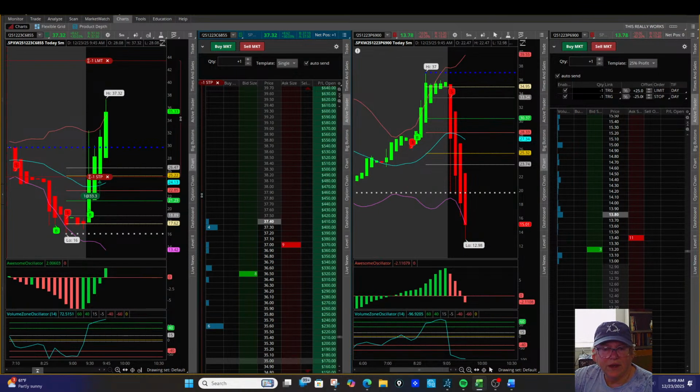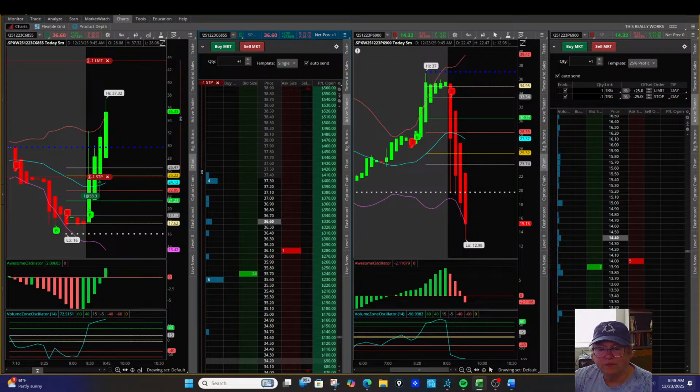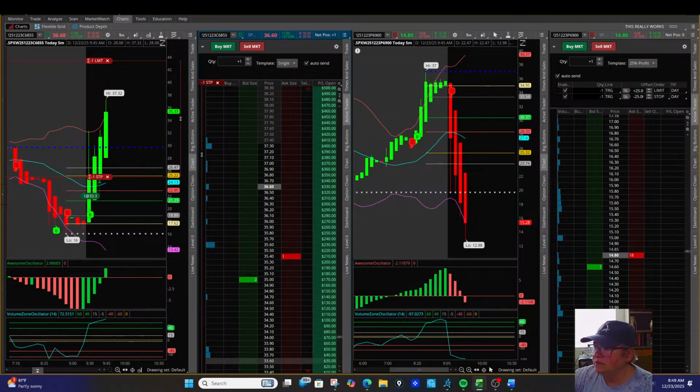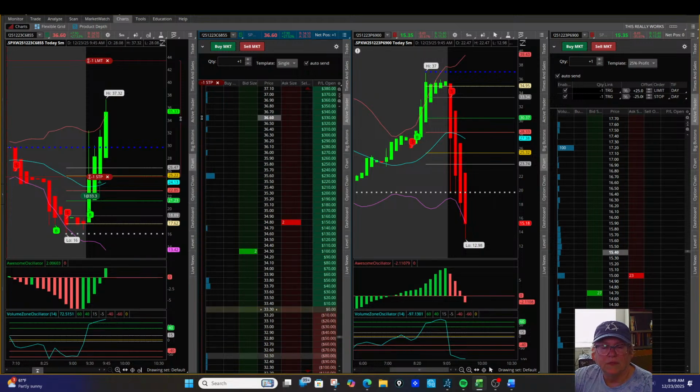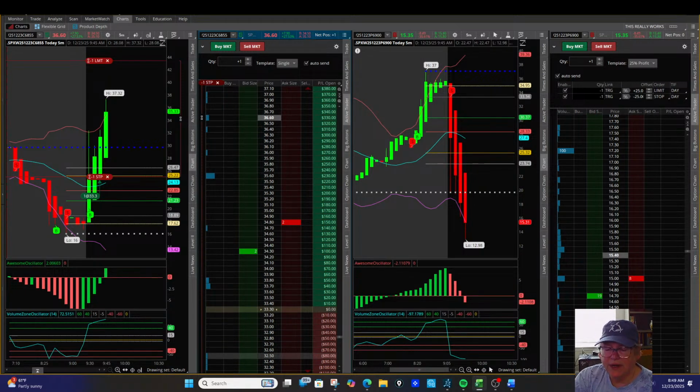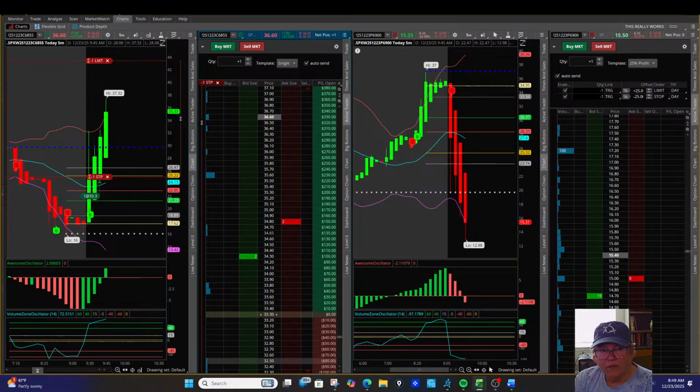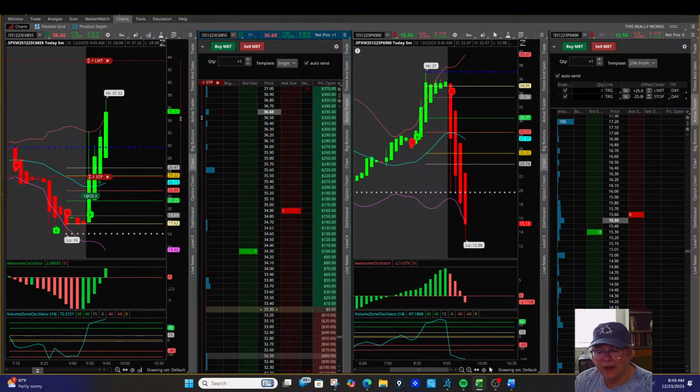Right now we're at $410. I have been trading the at the money, which is the first purple bar in Thinkorswim in the option chain.